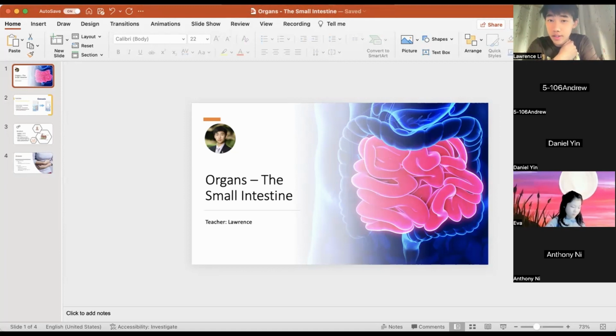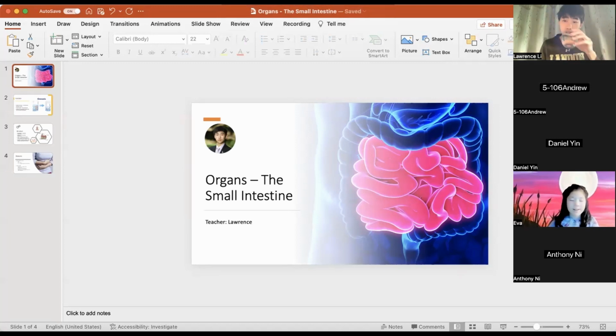Yeah, I do believe there's more surface area in the small intestine. It's just because it's thinner, more narrow, which is why we call it the small intestine. You go from small intestine to large intestine. That okay, Daniel? Lovely. Okay, Eva, I know you had a question too.